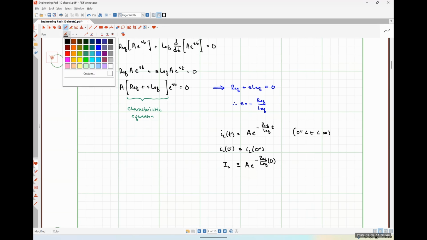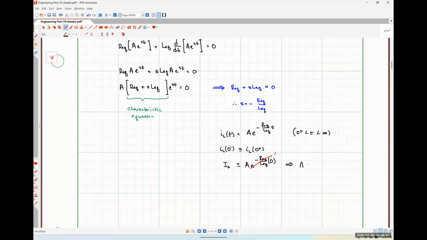Well, e to the 0 is literally just 1, which means A is equal to IS, but more generally, we could say that A is equal to IL at t is equal to 0 minus.